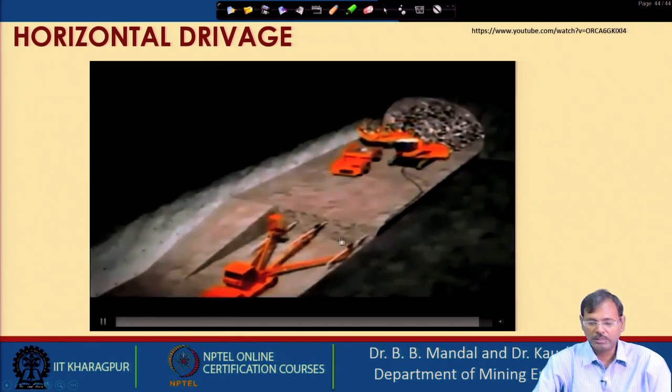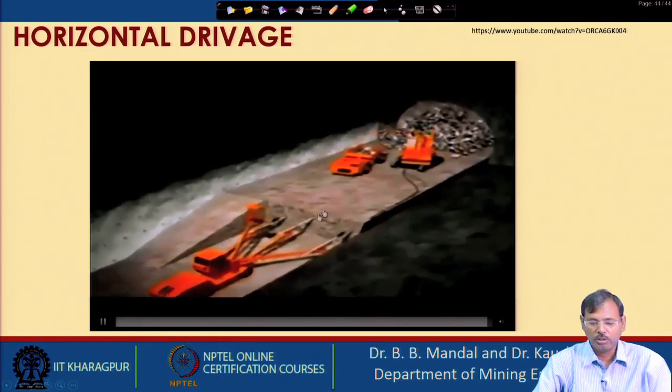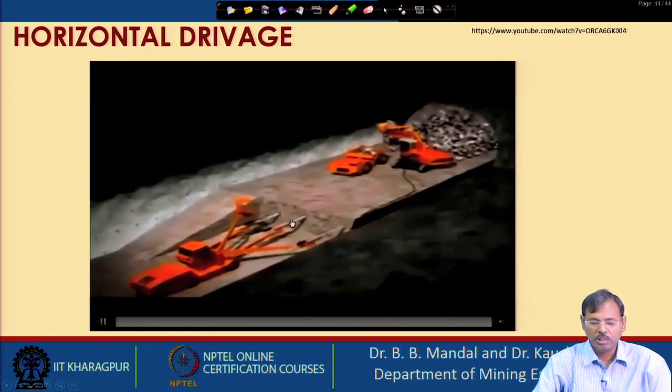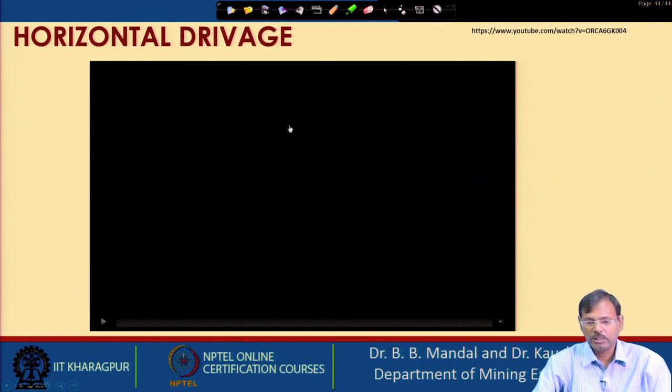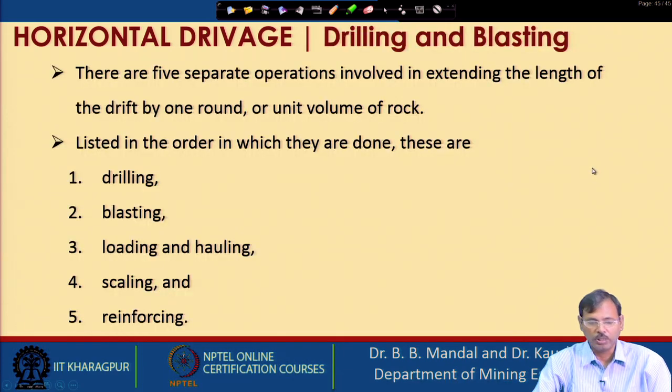So, this benching technique is adopted here. Drills are carried out and then blasting is carried out, and in this way the benching excavation is carried out. This will give the desired bench height, the desired excavation height of the horizontal opening.